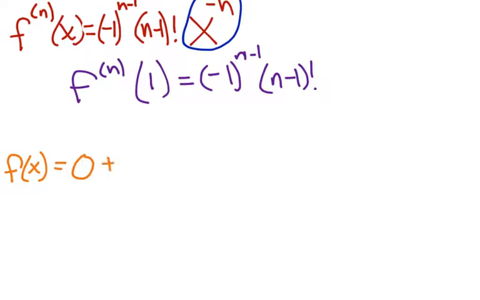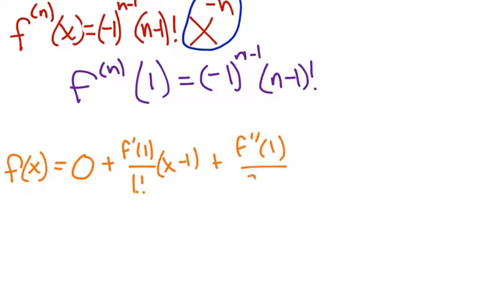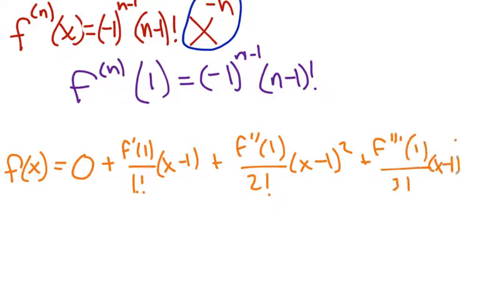And then we're going to have, as we said, f prime of 1 over 1 factorial times x minus 1. And then we're going to have f double prime of 1 over 2 factorial times x minus 1 squared. I'm just rewriting this so we can have it. Plus f triple prime of 1 over 3 factorial times x minus 1 cubed, and I'm running out of space. Squeeze in a couple dots there.